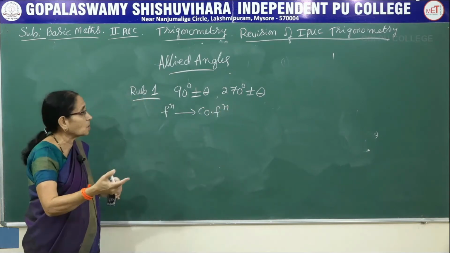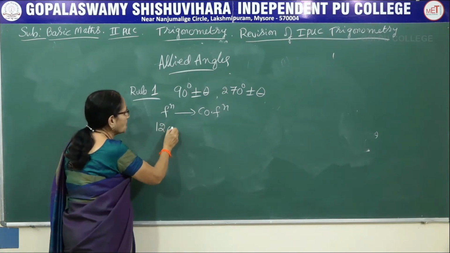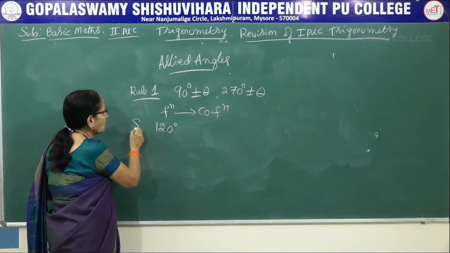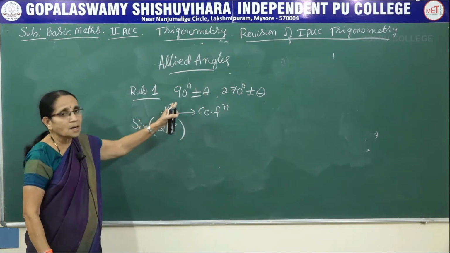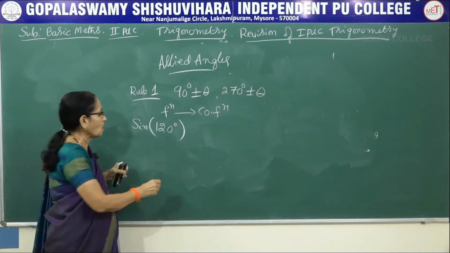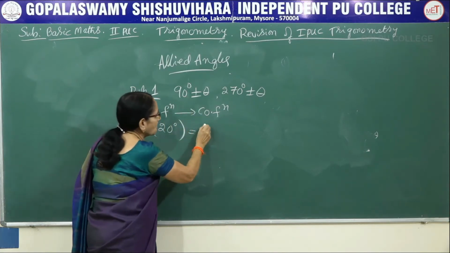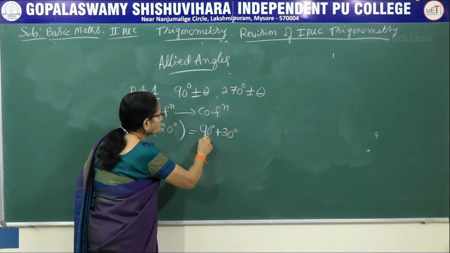Let me see what you mean by cofunction. For example, I'll take a particular example. Take 120 degrees. Now, suppose I want to find the value of sine of 120 degrees. See, up to 90 you know the values. Now, 120, I can express it as 90 plus 30, isn't it?